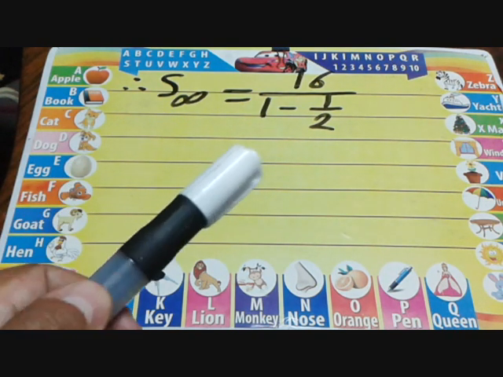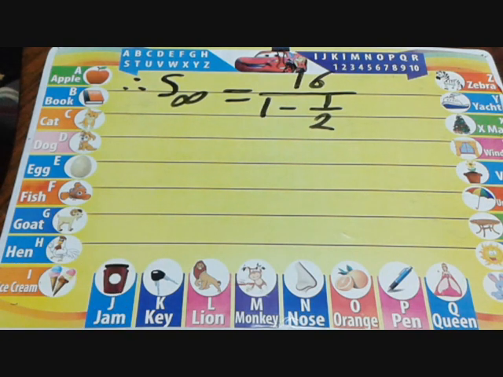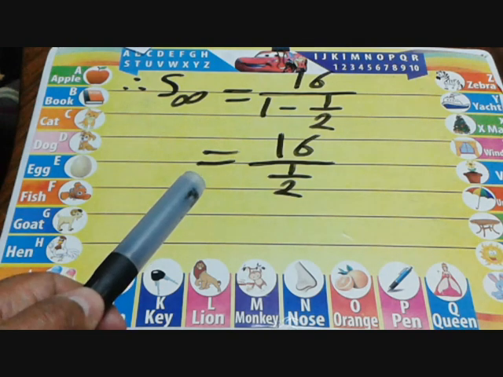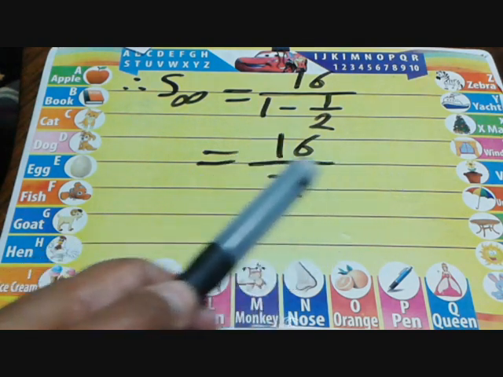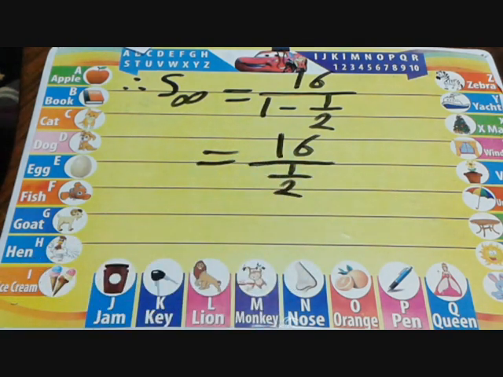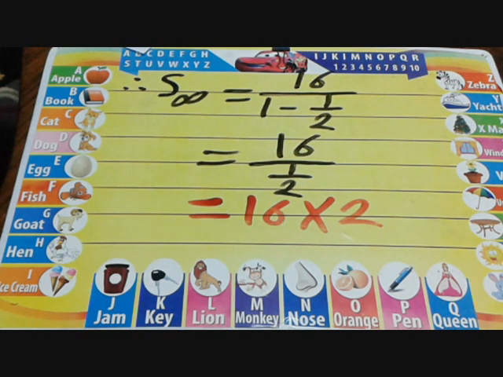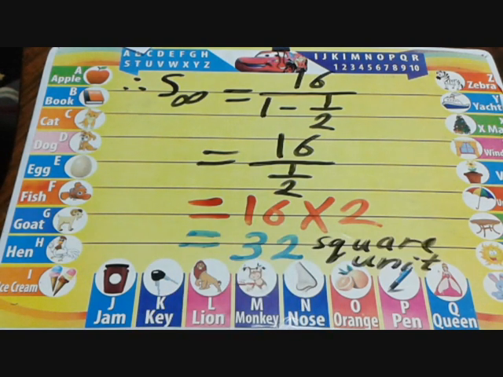This equals 16 over half, which equals 16 times 2, which equals 32 square units.